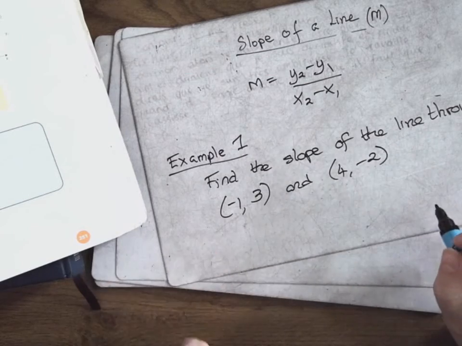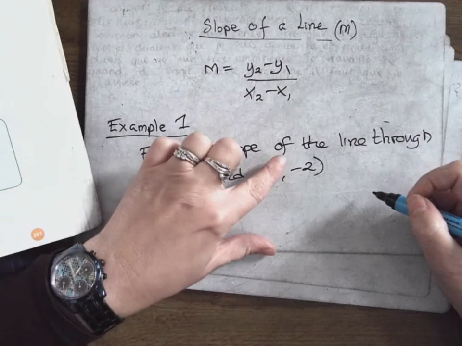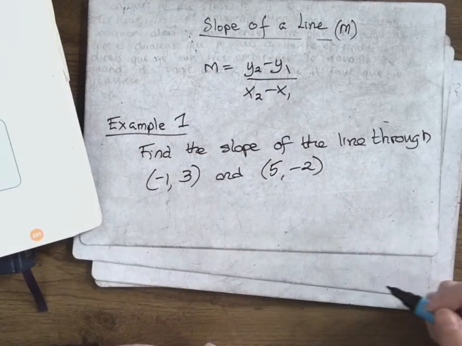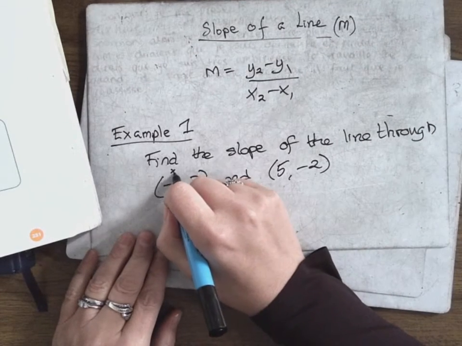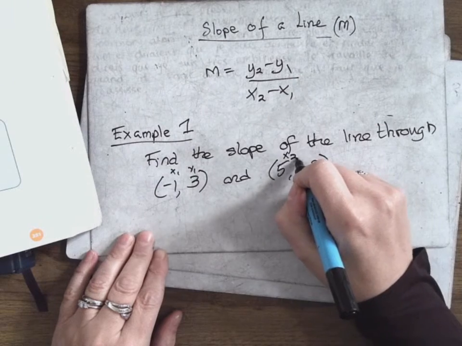Actually, can I change that 4 to a 5? So there's your 2 points. You call them x1, y1, x2, y2.